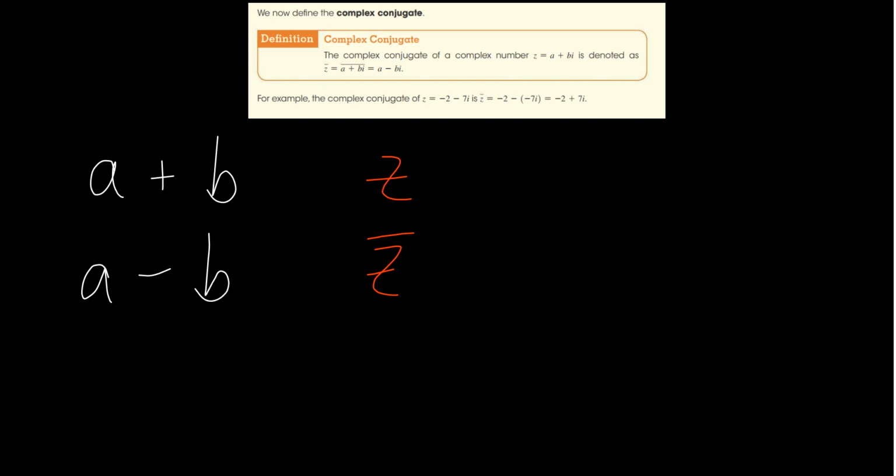For example, the complex conjugate of z equals negative 2 minus 7i would simply be negative 2 plus 7i. All that changes is that middle sign. And why is this important? Let's find out.